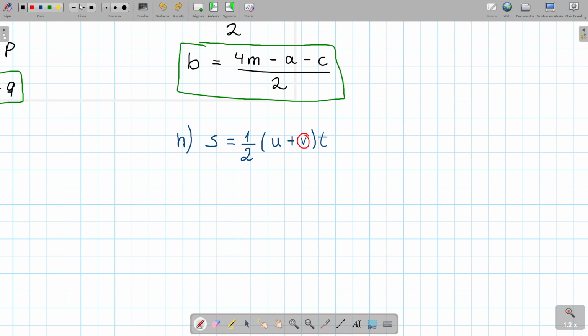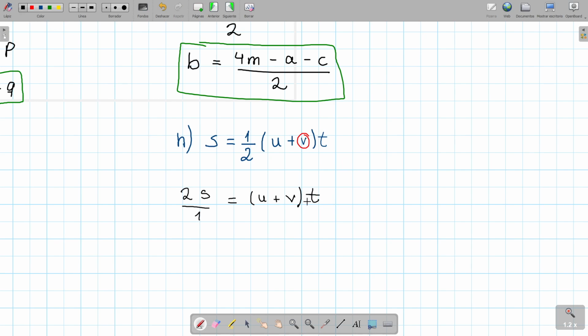So we have 2s. This one will go down here, but it's the same, equal to u plus b times t. Now, this t I have to get rid of first. We have to put it on the other side. What is the operation that the t is doing? The operation is multiplication.